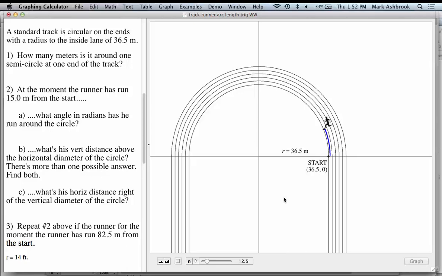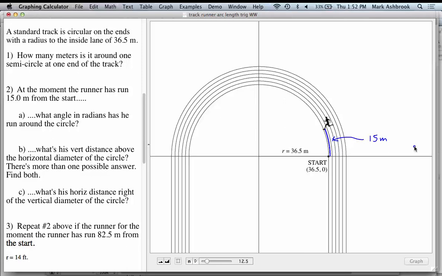And so let's just go right to number 2. Suppose the runner runs 15 meters in the first lane. The question is, what angle in radians does that represent? So what angle in radians is associated with that arc length?